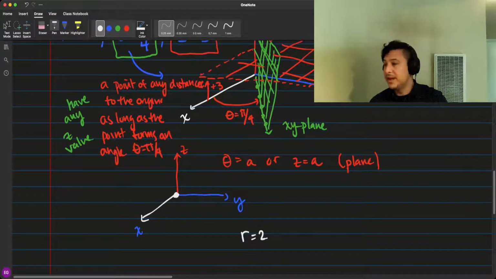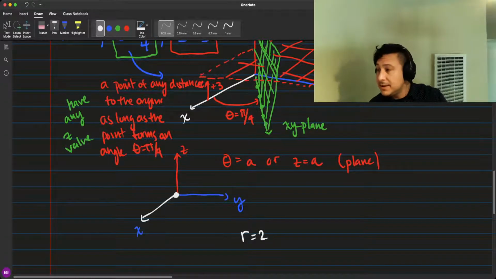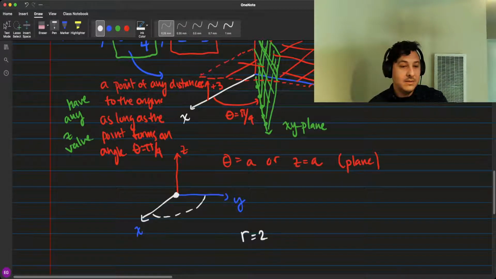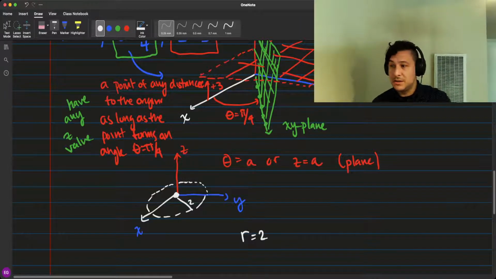What sort of shape will that give you? It does contain a circle, so you get more than just a circle. On the xy plane, here are all of the points that are a distance of 2 away from the origin. But you have an extra dimension. For instance, I'm going to go up the z-axis by 2.